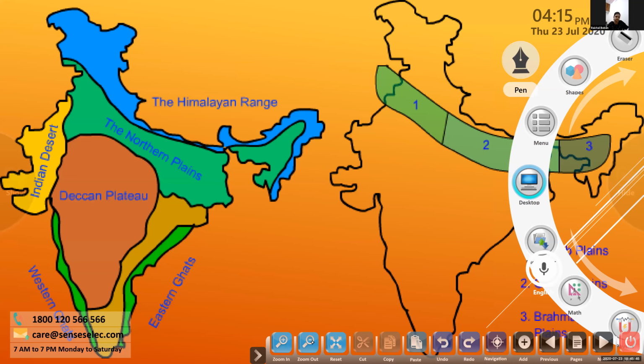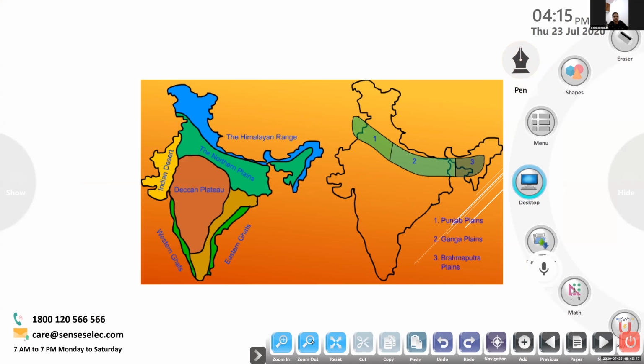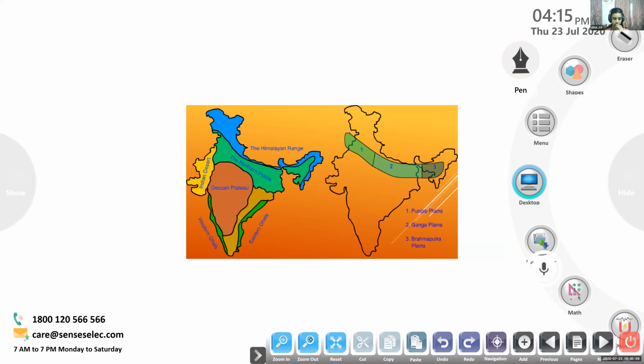Next to the Himalayan ranges, we have the northern plains. Can you see the board? The Himalayan ranges are the first physiographic division of India. The second one is the northern plains. This green is the northern plain, till here, Assam.